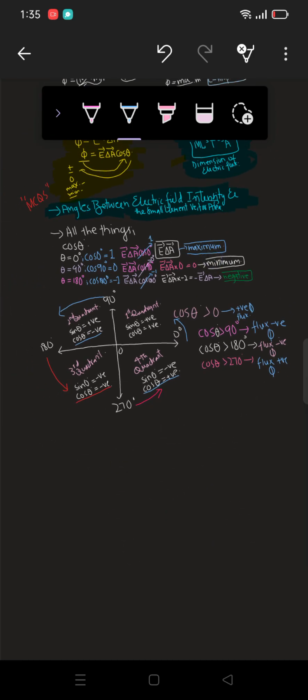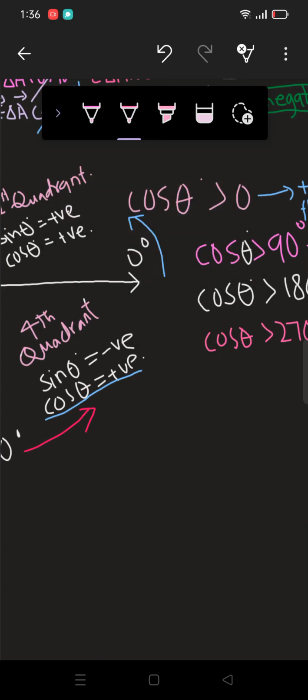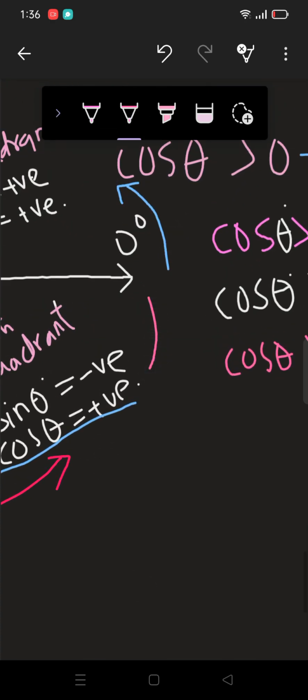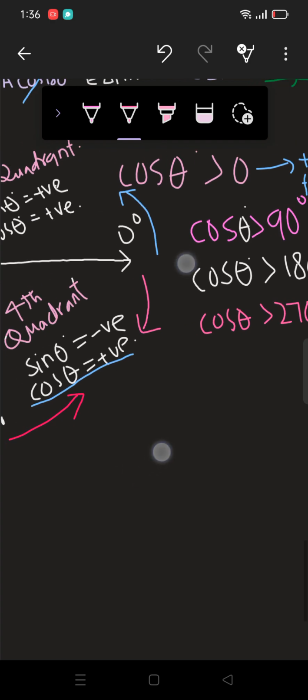But what if your angle between the electric field intensity and the small element of vector area is less than 0? Which means you will now move clockwise. So if you move here, we know that it is going to lie in the fourth quadrant, and in the fourth quadrant cos is positive, which means the flux will be positive if you have an angle between the electric field intensity and the small element of vector area less than 0.